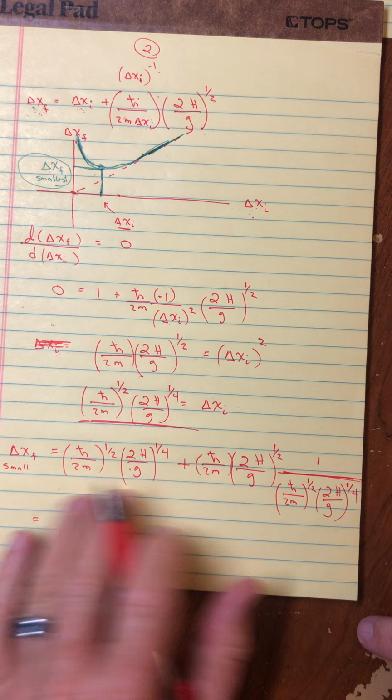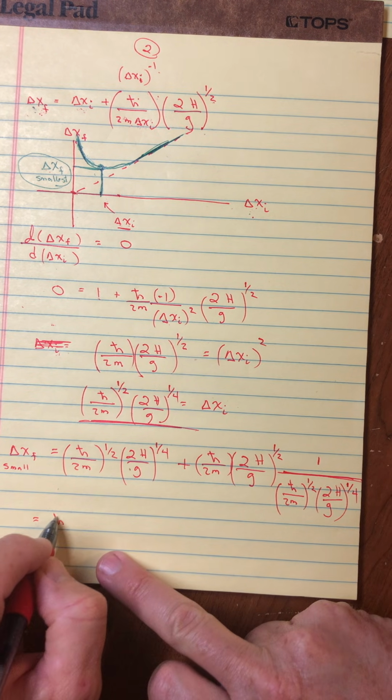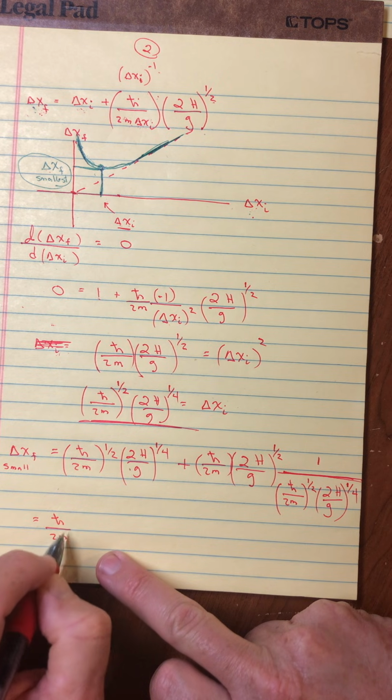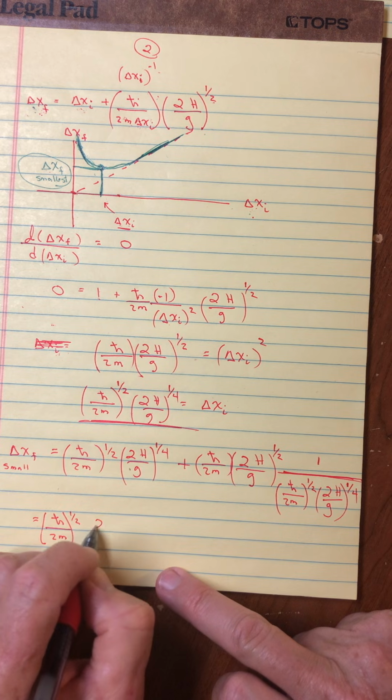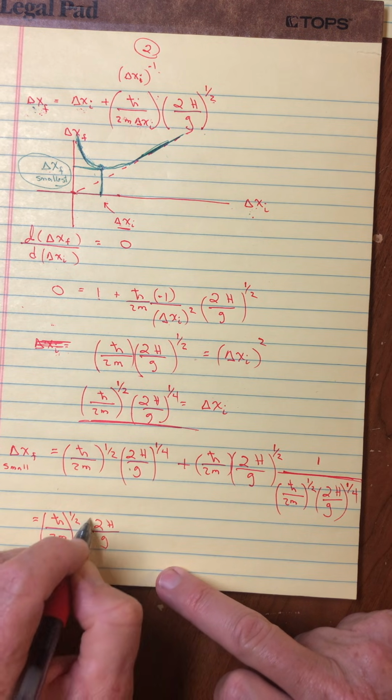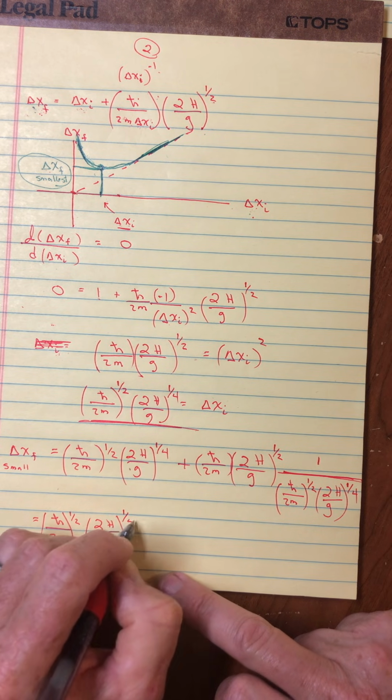All right. And leaving this first term alone, h bar over 2m to the 1/2 and 2h over g to the 1/4.